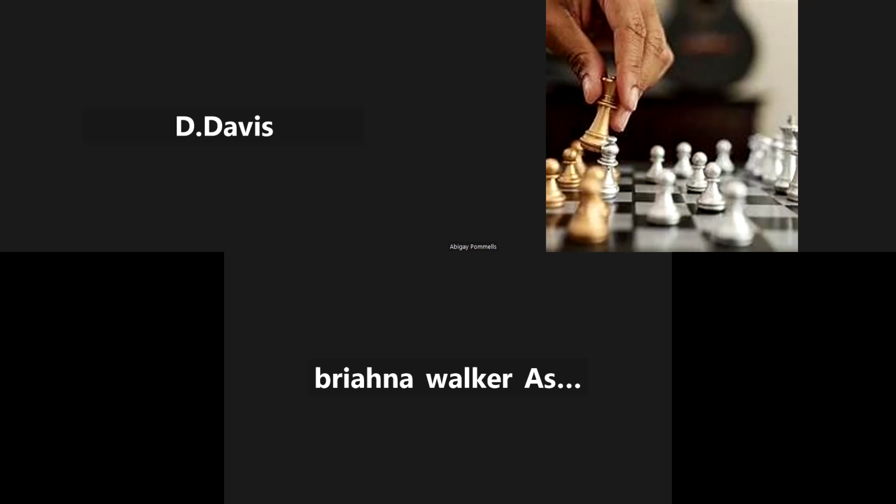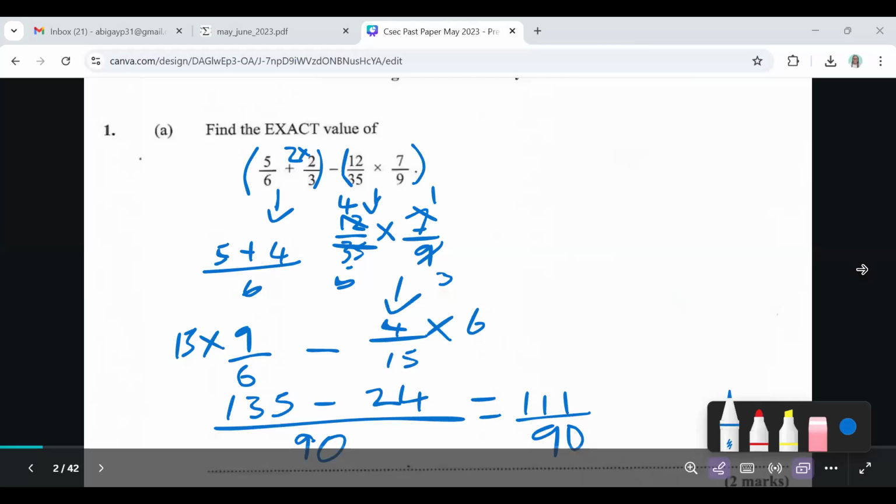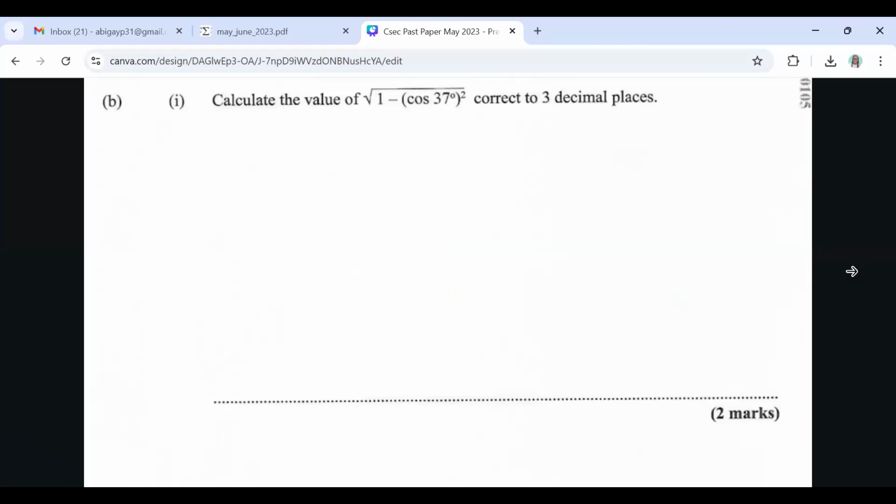Okay, let's go back. All right, moving on. Okay, so we have: calculate the value of square root of (1 minus cos 37) all squared, correct to 3 decimal places.